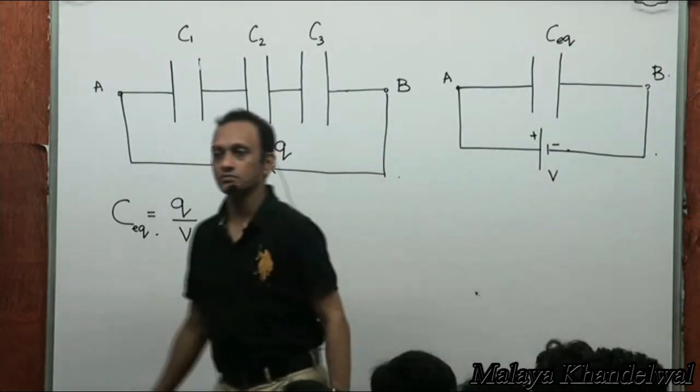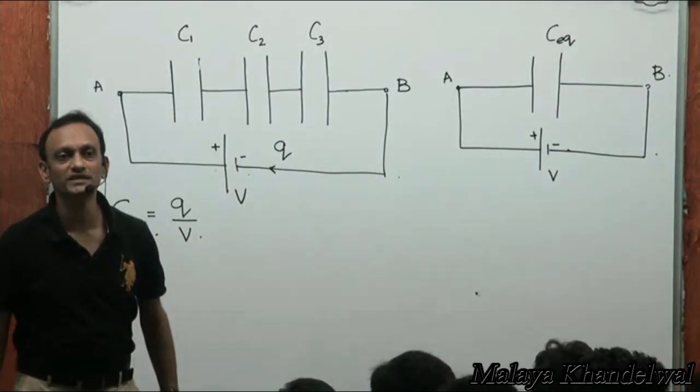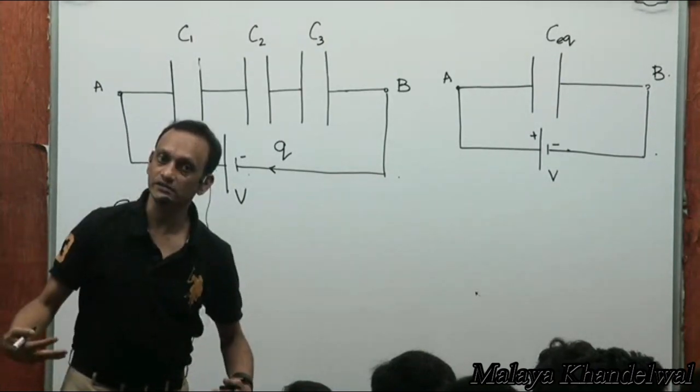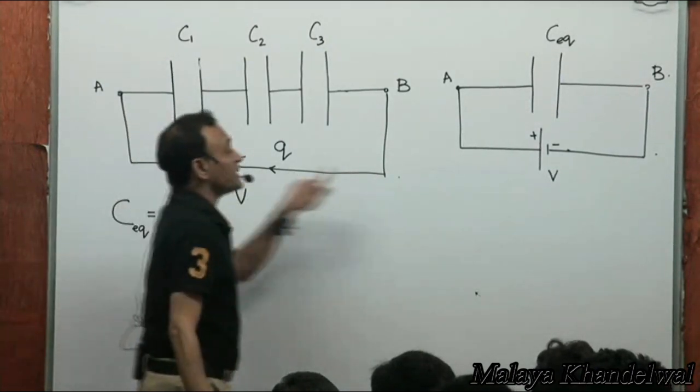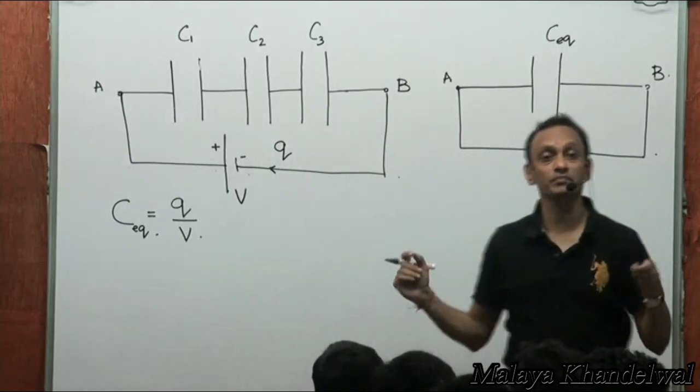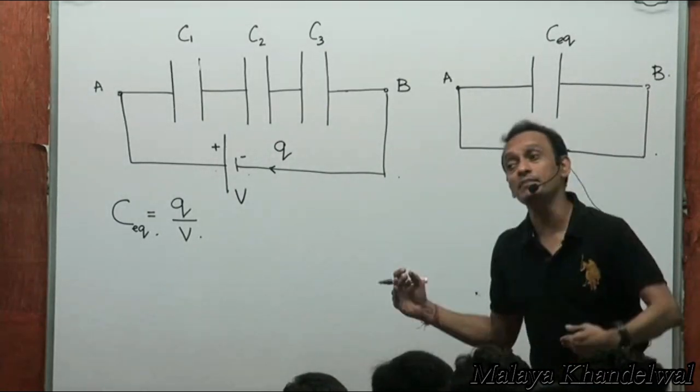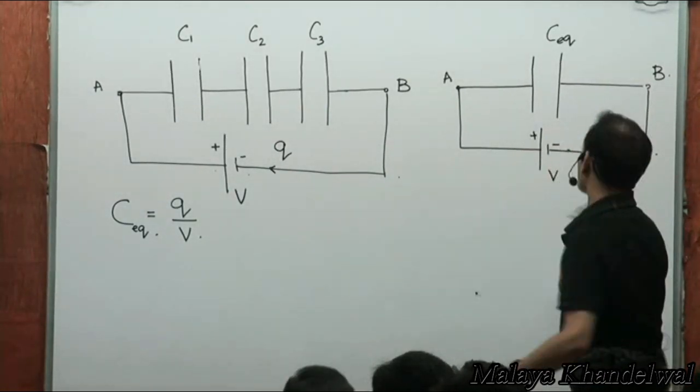This is what it means. That's when the two arrangements are referred to as equivalent, right? For an identical battery connected between points A and B, you must have the same amount of charge flowing through the battery.